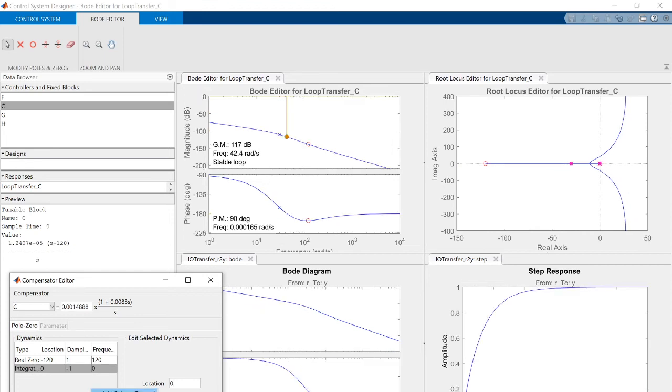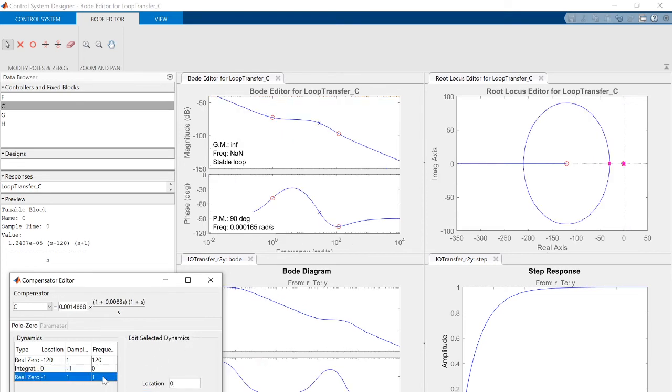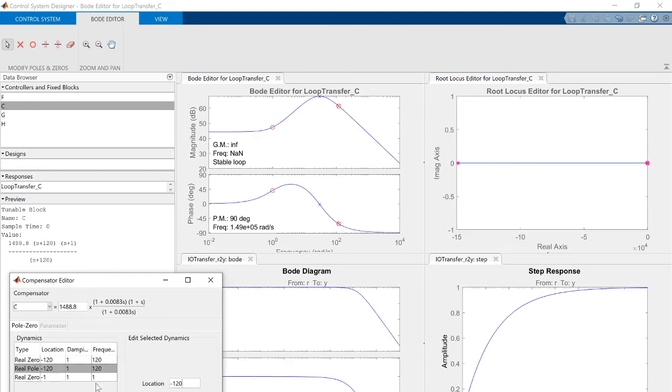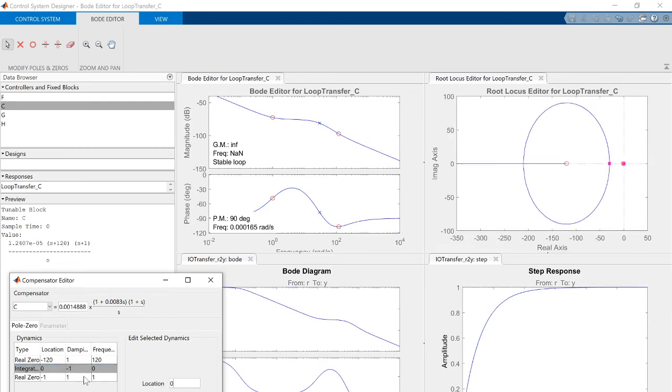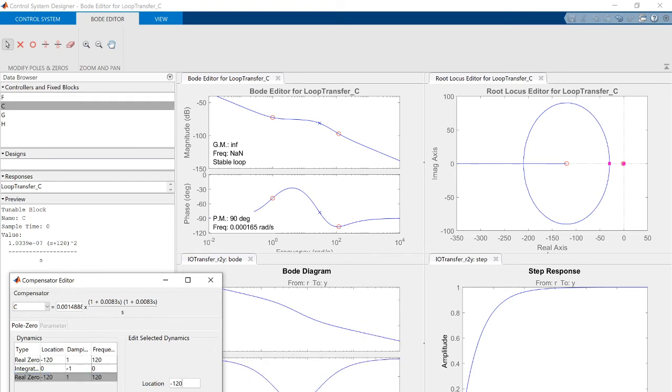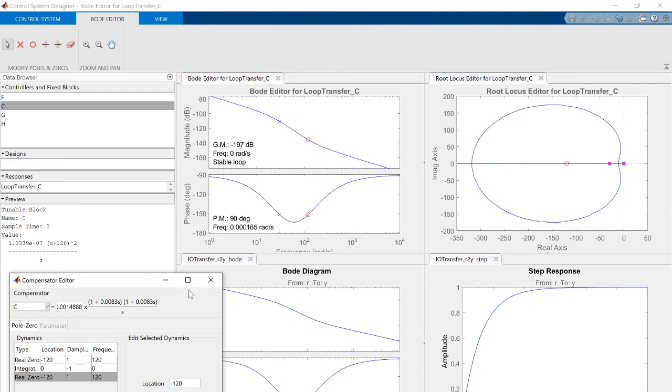And I'm going to add a real zero, and I'm going to put that at minus 120. Oh, no, sorry, got that one wrong. I changed the wrong one. I want my zero at minus 120. Okay, there we go.